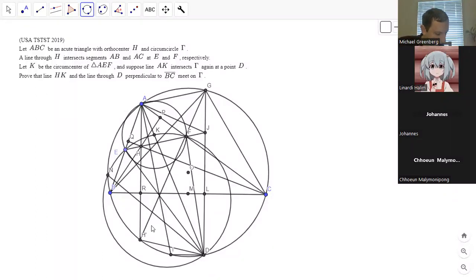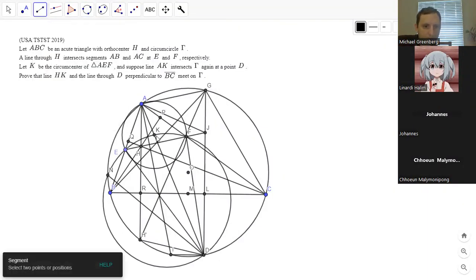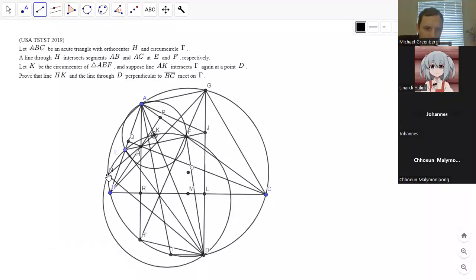So we could show it cyclic, and if we let it intersect at N, can we show that K, H, and N are collinear? I think we could calculate angle KNB, but can we show that angle HNB? I wonder if these two lines are reflections about EF.